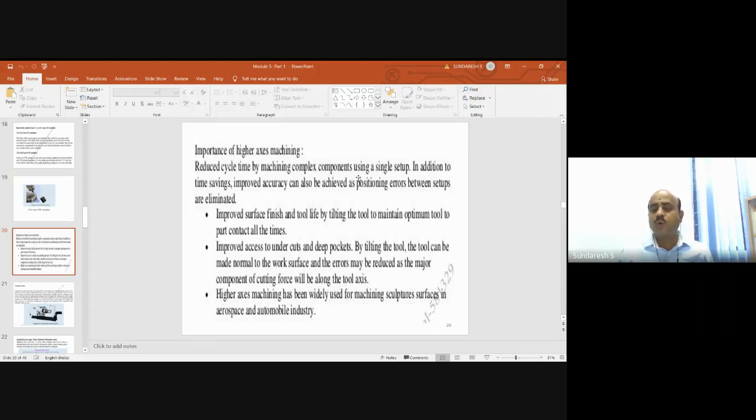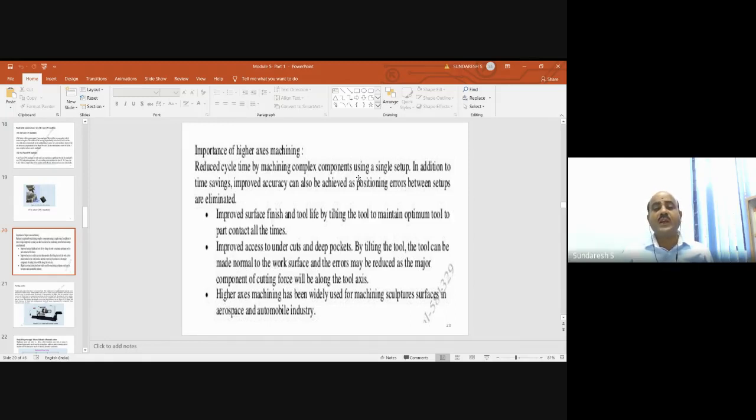Whenever you want to machine complex components, you can machine them within a single setup, which reduces the cycle time. In addition to the time saving, we can obtain improved accuracy, as positioning errors between the setups are eliminated.